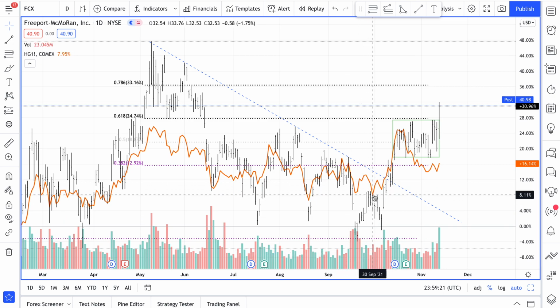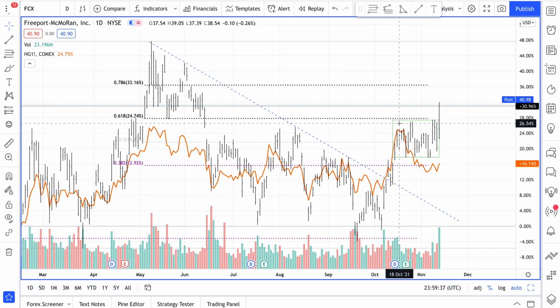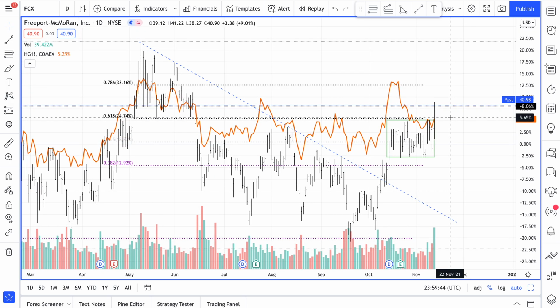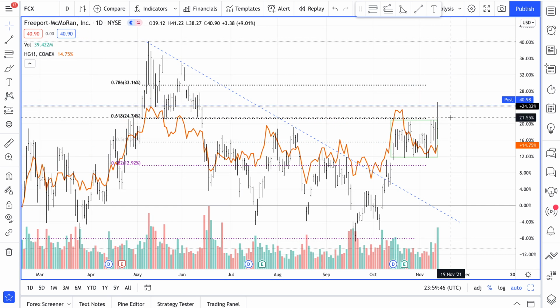Here we see a low being made here, whereas the stock made a low here, and then a higher low was made here. The commodity also made a higher low here, and what appears to be happening now is that the stock is showing more constructive price action.